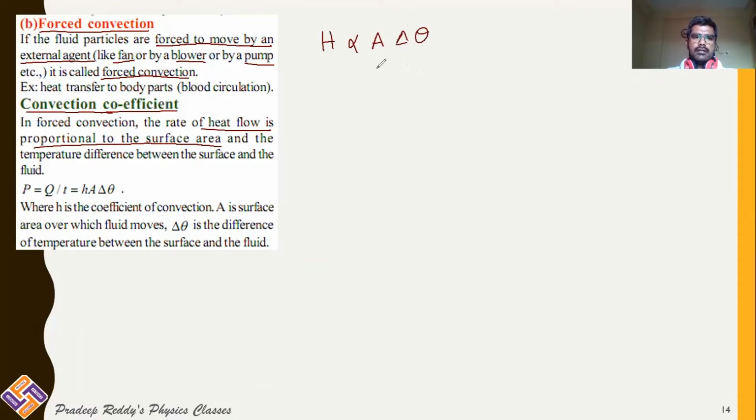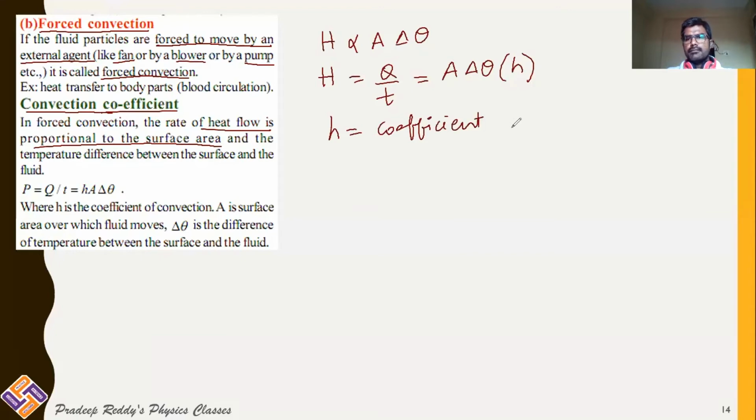If I remove the proportionality constant, I should write H equal to Q divided by t, which is equal to h into A delta theta, where this h is called the coefficient of convection.